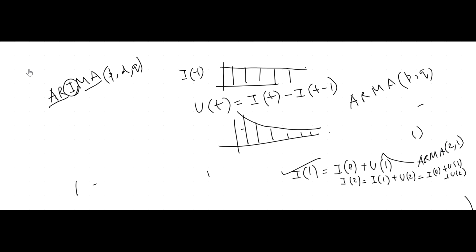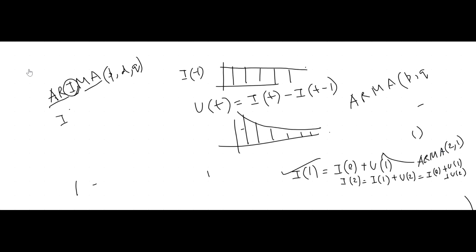You can see that U_t is equal to I_t minus I_{t-1}.